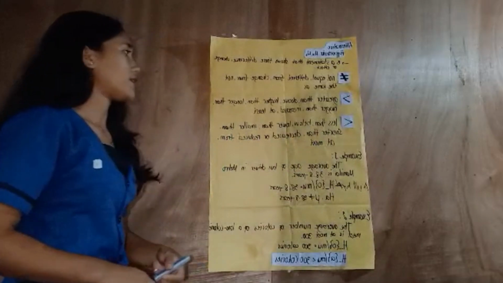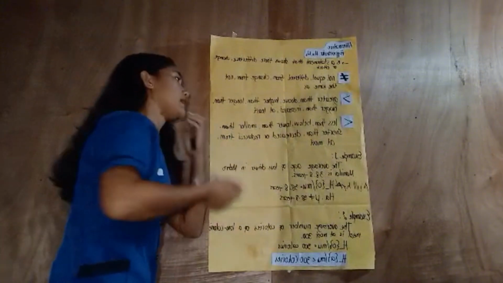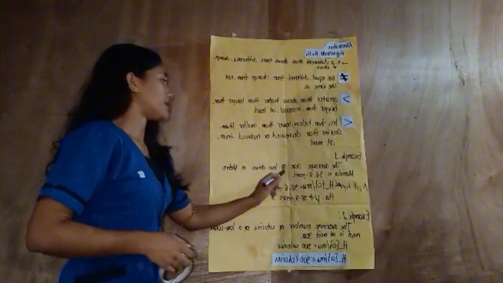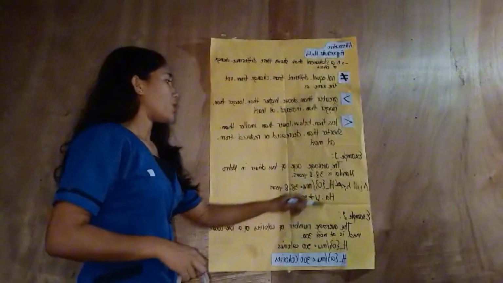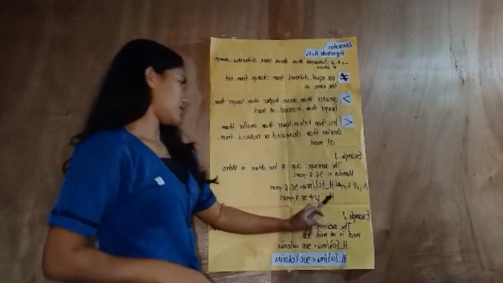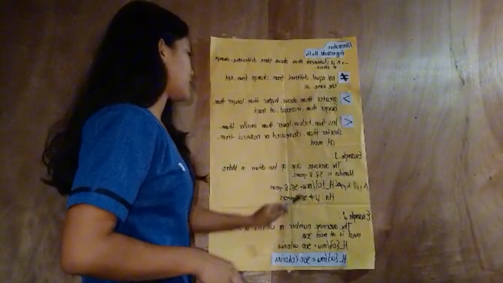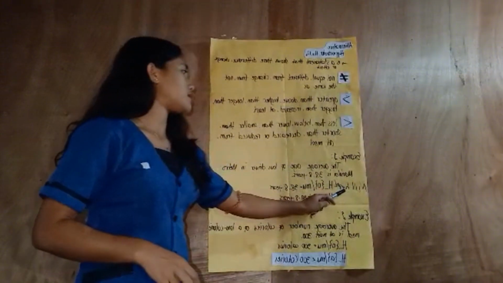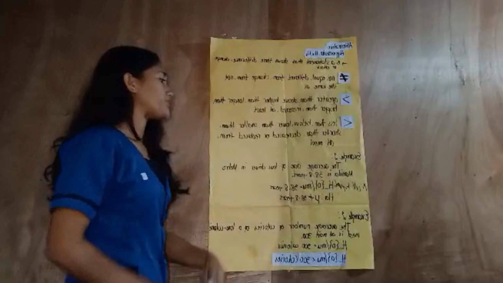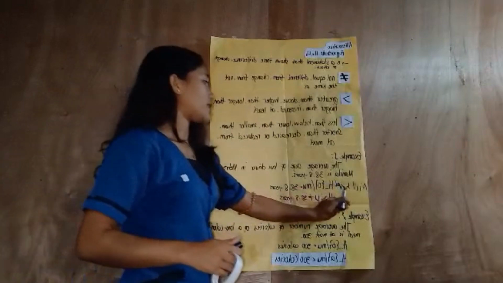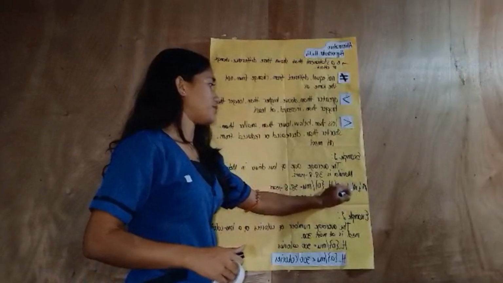So I have here an example. The average age of bus drivers in Metro Manila is 38 years. This was already discussed by Ma'am Jimena. This is the null hypothesis.